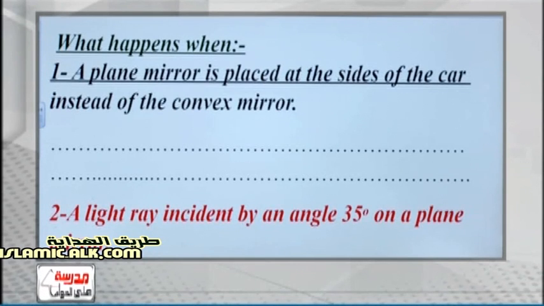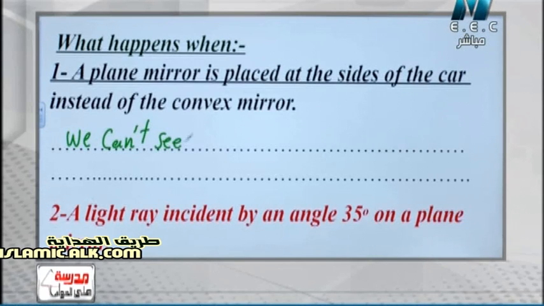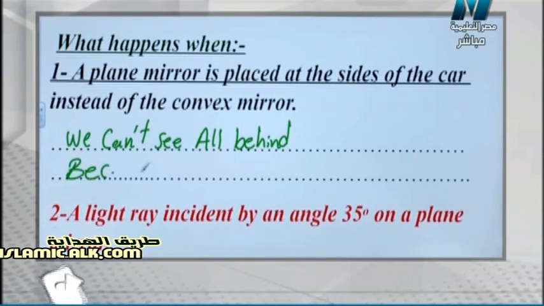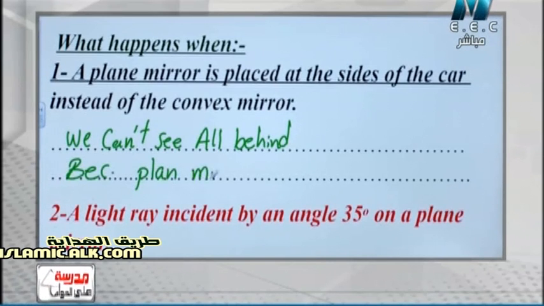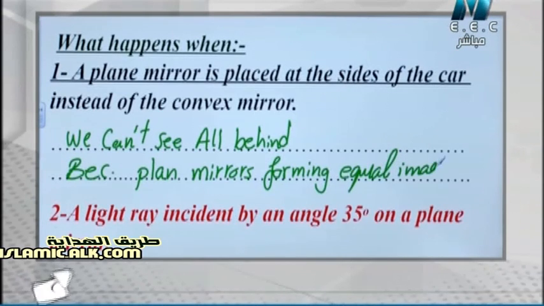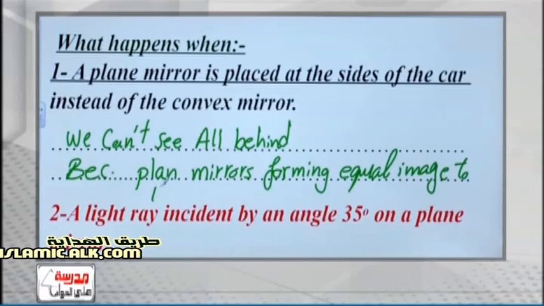We can't see everything behind us. I say because plane mirrors form an image equal to the object. That is what happens.